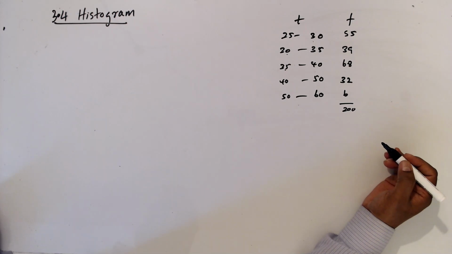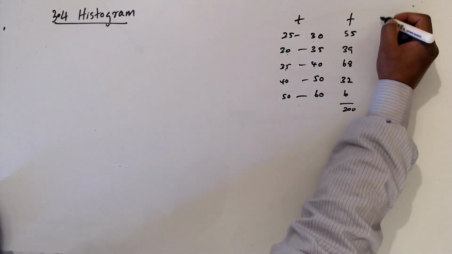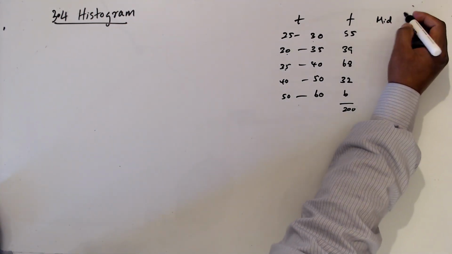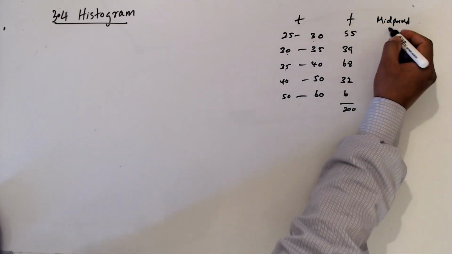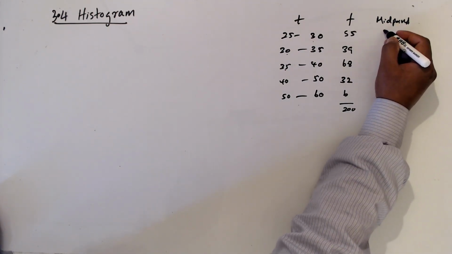But first of all, I'd like to discuss an approach for these histograms. I'll find the midpoint of each class. The midpoint of 25 to 30 is 27.5.